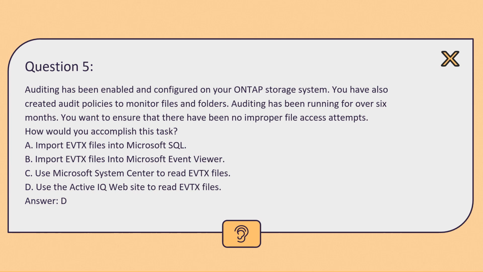5. Auditing has been enabled and configured on your ONTAP storage system. You have also created audit policies to monitor files and folders. Auditing has been running for over 6 months. You want to ensure that there have been no improper file access attempts. How would you accomplish this task? A. Import EVTX files into Microsoft SQL.